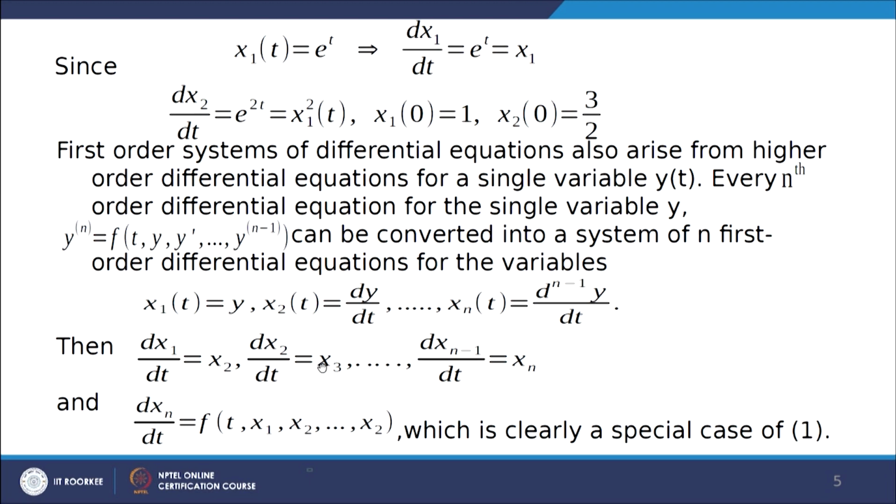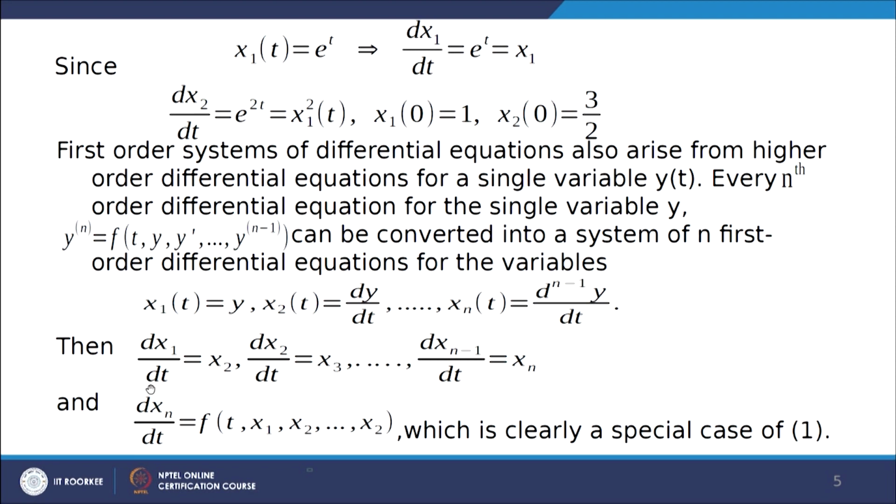So, dx2 by dt is equal to x3, and so on. xn minus 1(t) is the n minus 2th derivative of y with respect to t. So, dxn minus 1 by dt will be equal to the n minus 1th derivative of y, and therefore, it is equal to xn. And dxn by dt, if you differentiate this with respect to t, gives you the nth derivative of y with respect to t.